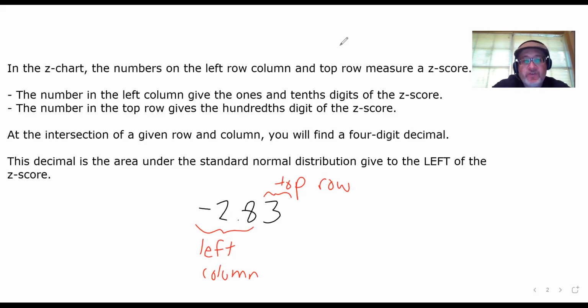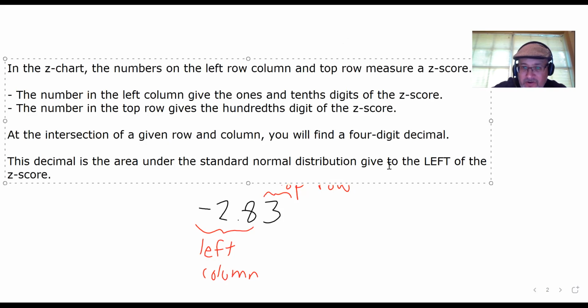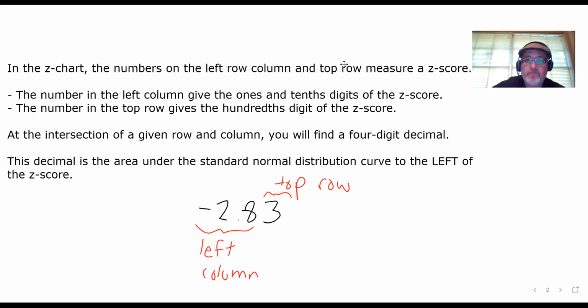At the intersection of the given row and column, you will find a 4-digit decimal. This decimal is the area under the standard normal distribution curve to the left of the z-score.